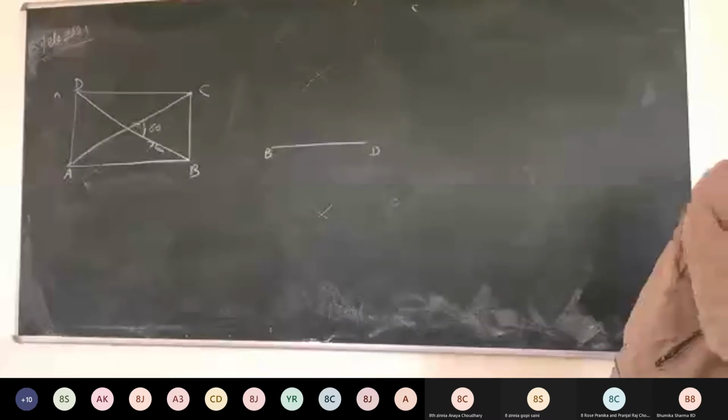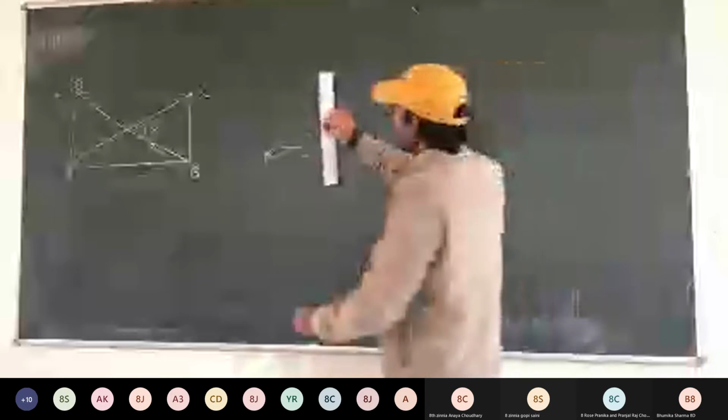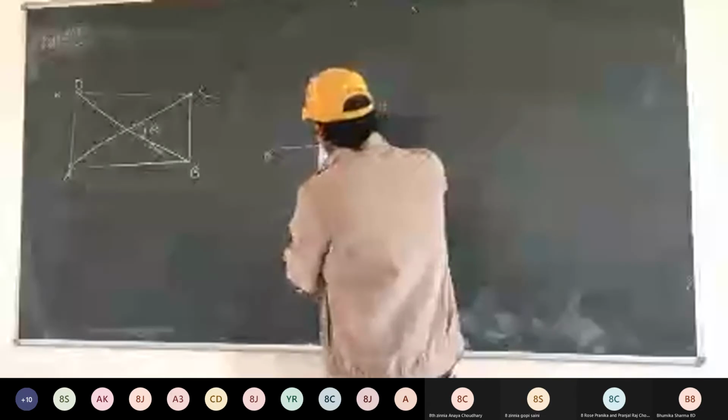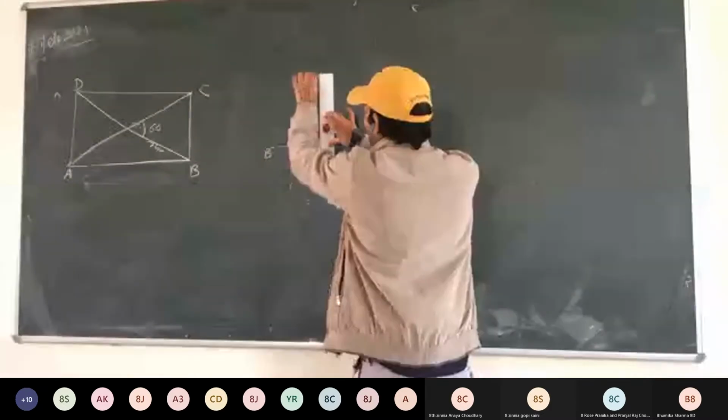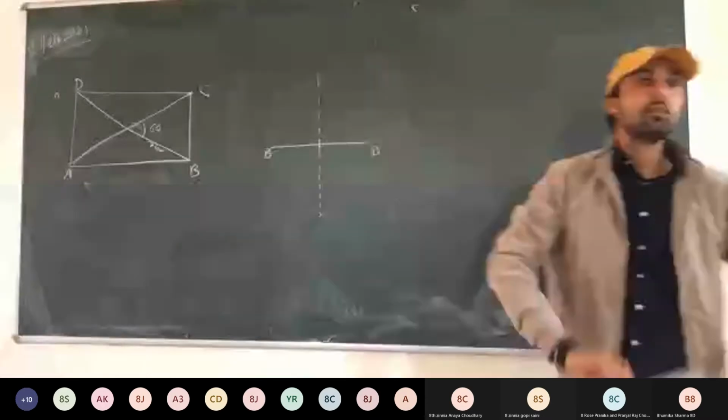This time it is drawn with dashes, because this is the midpoint we are getting. We got the midpoint.